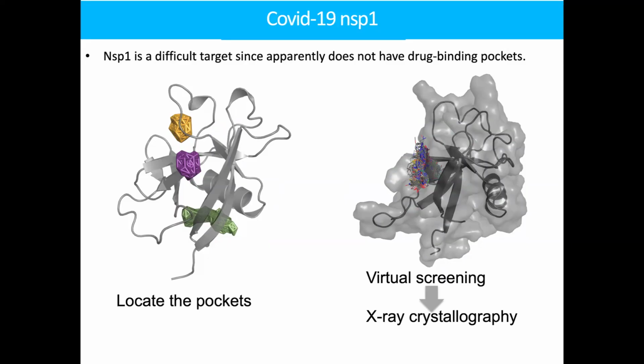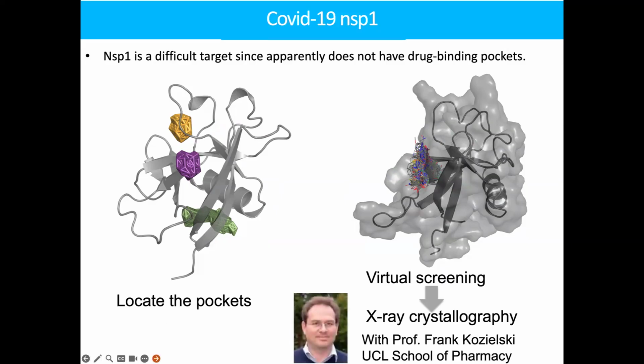Then with X-ray crystallography, in particular with soaking, we validated the pocket in collaboration with the group of Frank Kozielski at the UCL School of Pharmacy. This was successful because we could find several of these computationally predicted fragments that bind to the cryptic pockets.